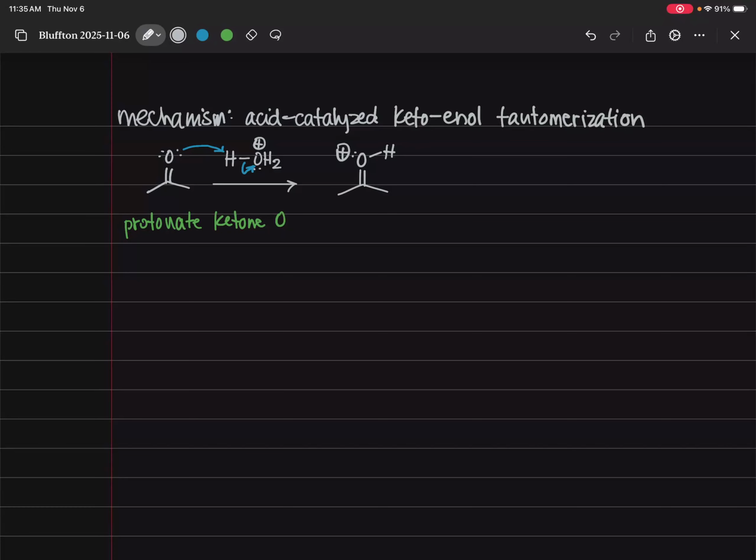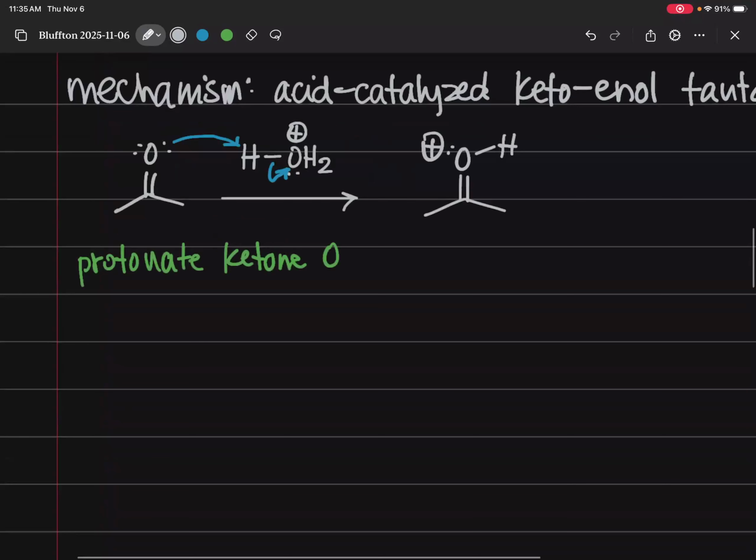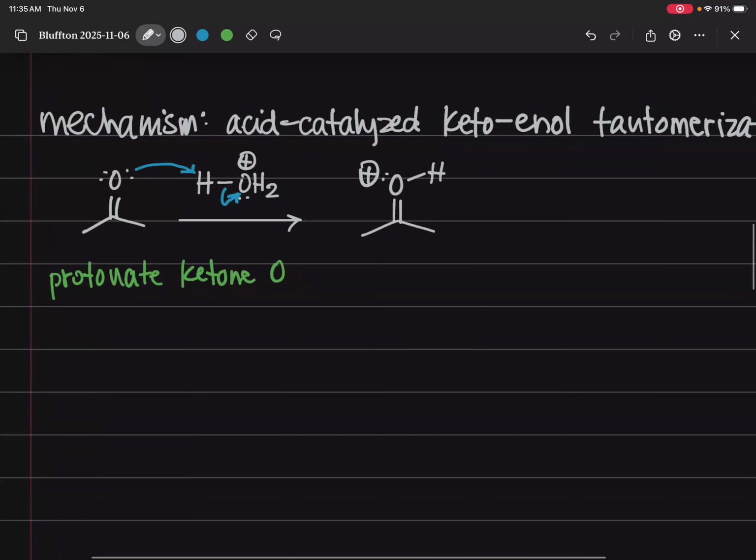So we haven't broken the CO double bond, but we're going to do that now.